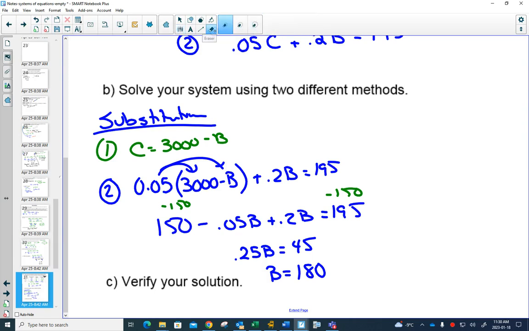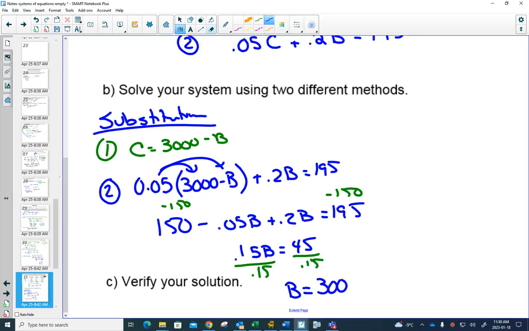That changes this 0.2 minus 0.05 to 0.15. And then, if I now divide both sides by 0.15, I get a different number for B. 45 divided by 0.15, 300. 300 bottles.